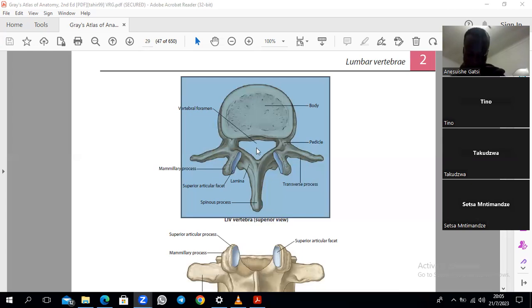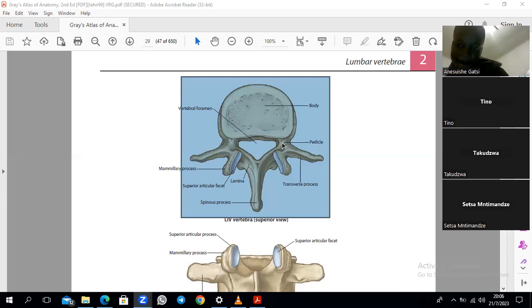Personally, I want to know. You talked about spondylolysis before. What happens there? Spondylolysis, there is separation of the body from the vertebral arch. Okay. So normally it's separation of the body.